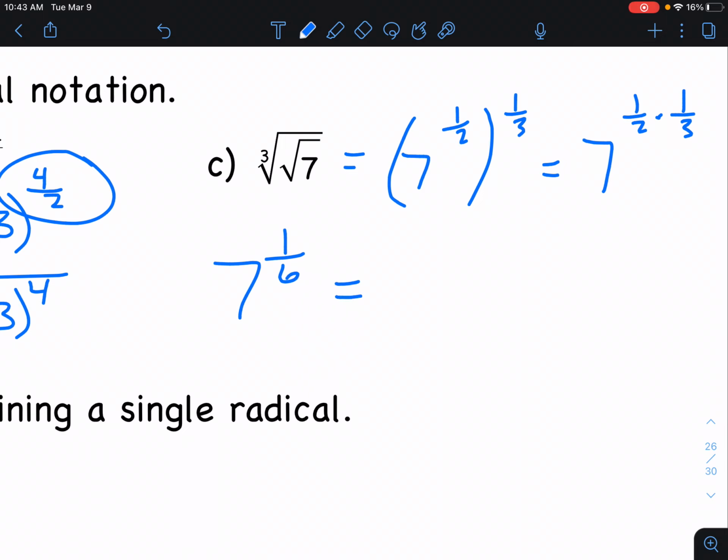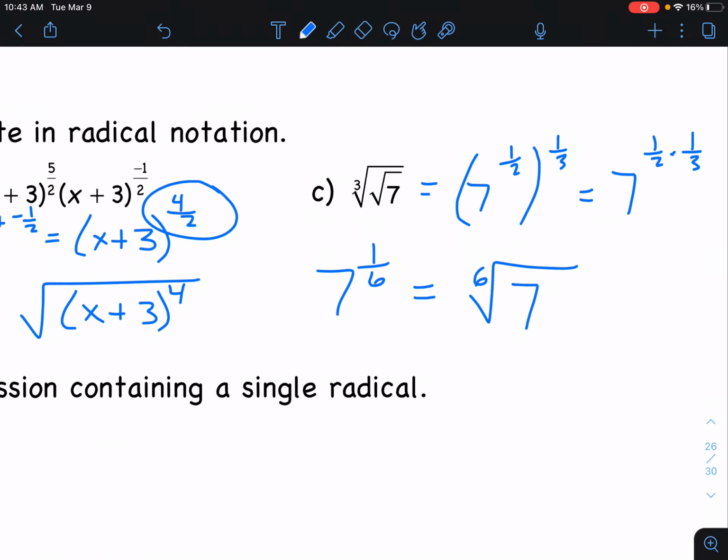Now that it's down to one exponent, that means we can get it down to one radical. So that would be the 6th root of 7 to the power of 1. So definitely a tricky problem there. Just remember, try to commit to memory that when you see a radical inside a radical, you're supposed to multiply some exponents.